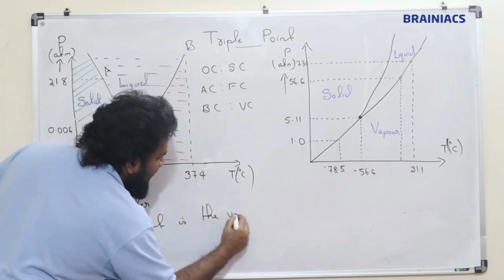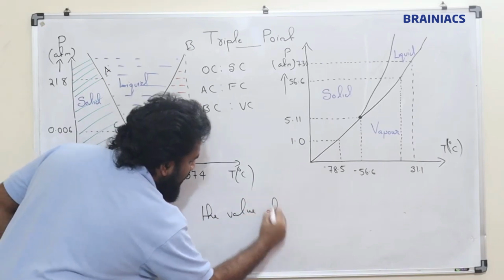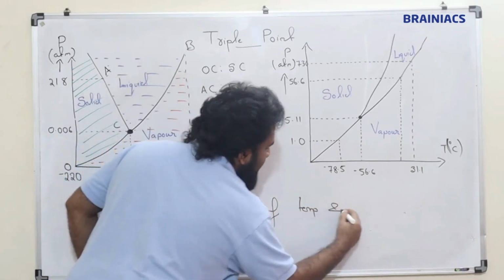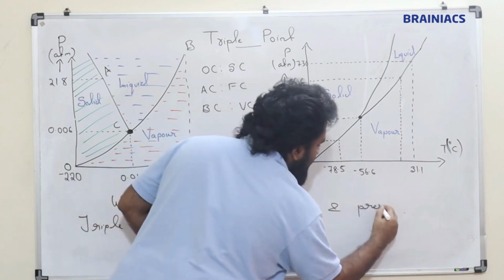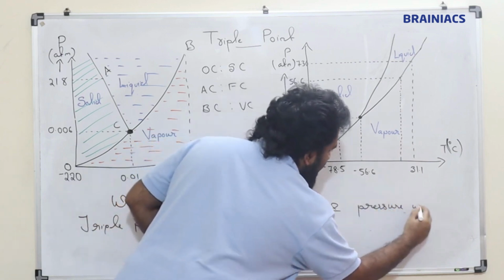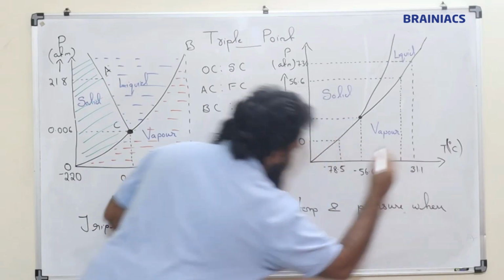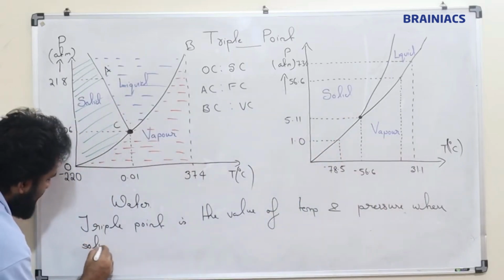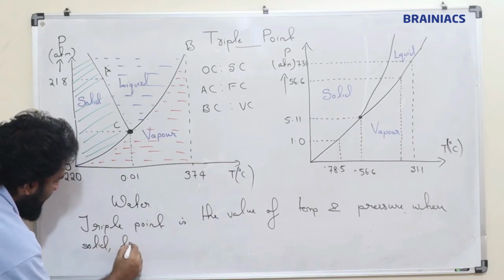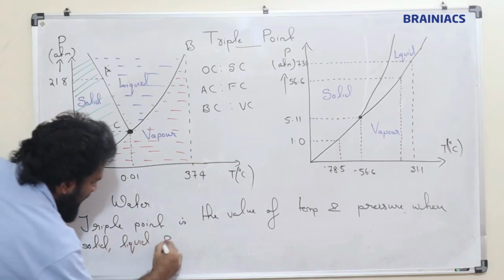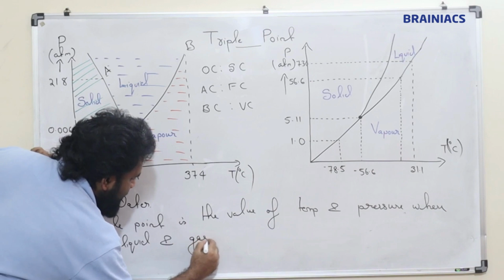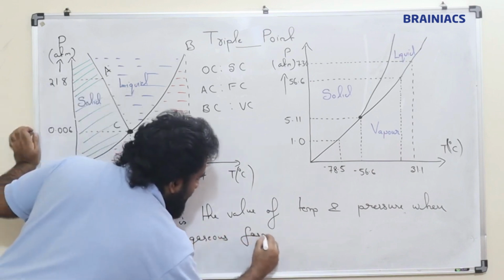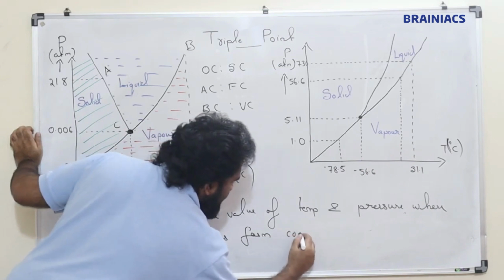So the first thing we can say is that the triple point is the value of temperature and pressure where solid, liquid and gaseous forms coexist.